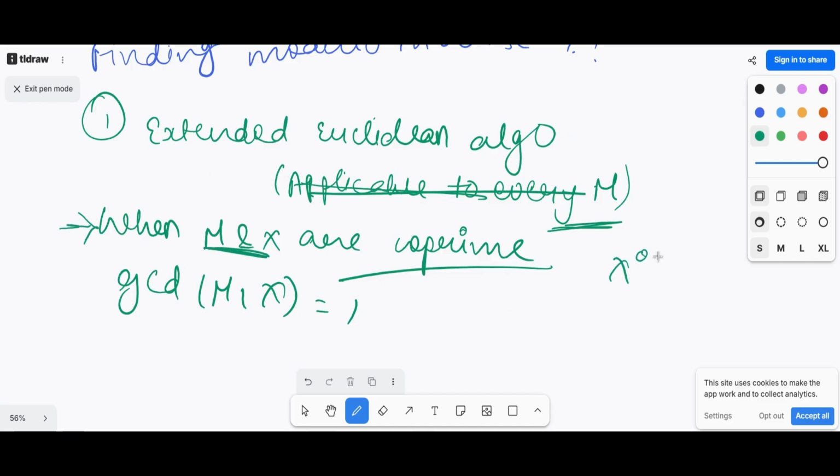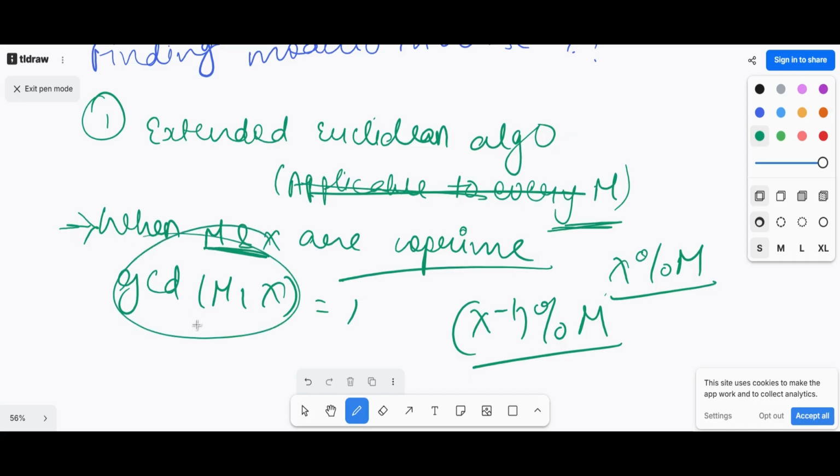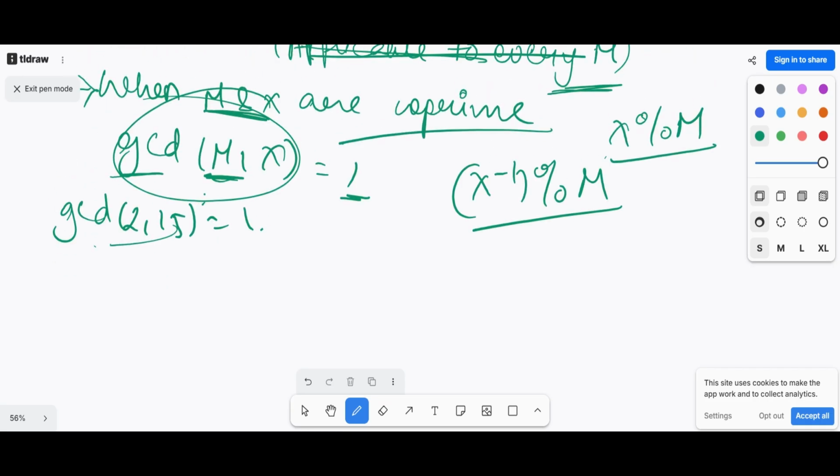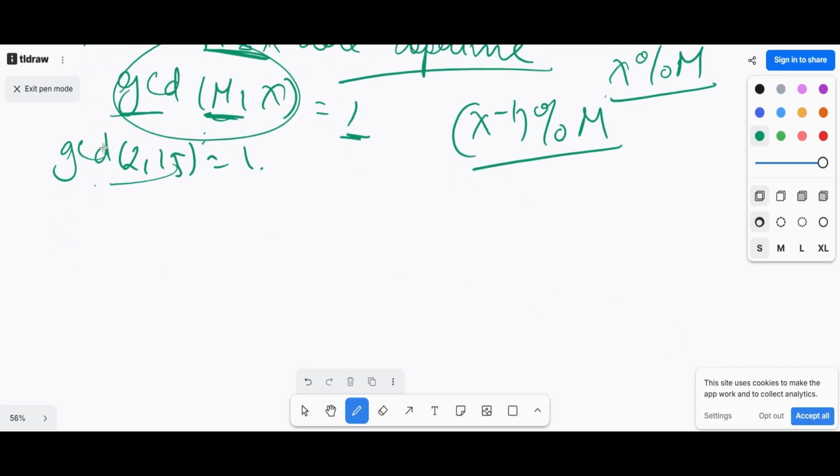That means if I have to find x inverse modulo m, then I can apply this method only if the GCD of m and x is 1. So they are coprime. Let's say the GCD of 2 and 15 is 1. So if I wanted to find 15 inverse modulo 2, I can do it.